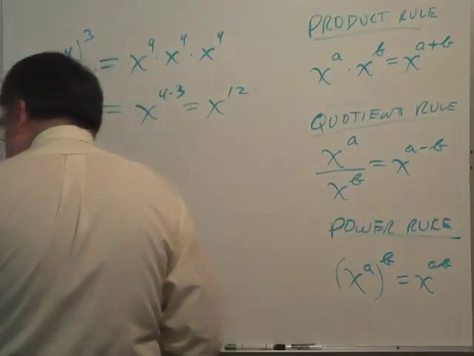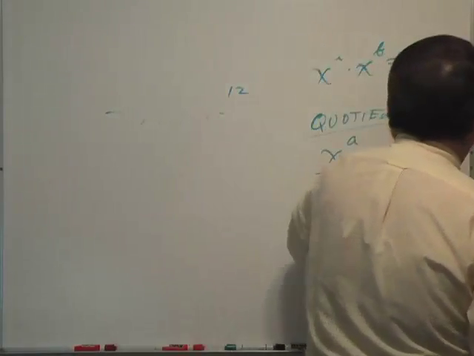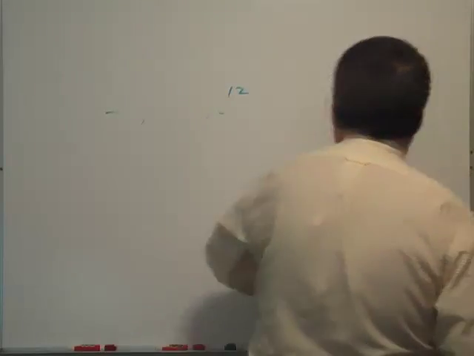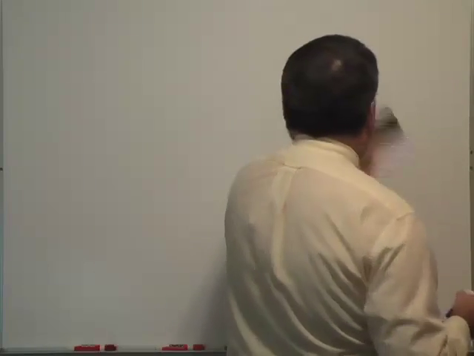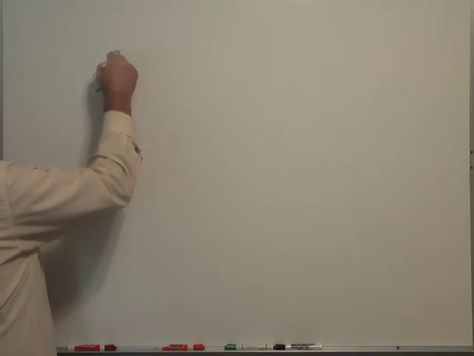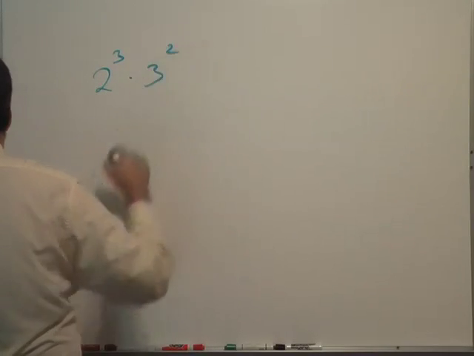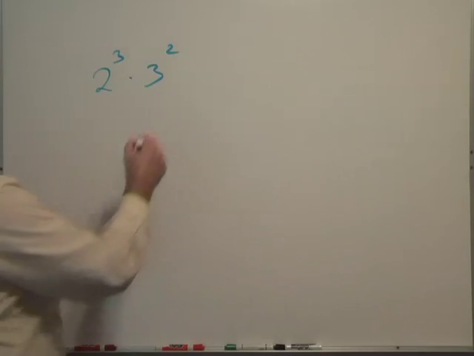And it involves multiplying numbers with different bases. For example, suppose that you had 2 to the third times 3 to the second. Okay?